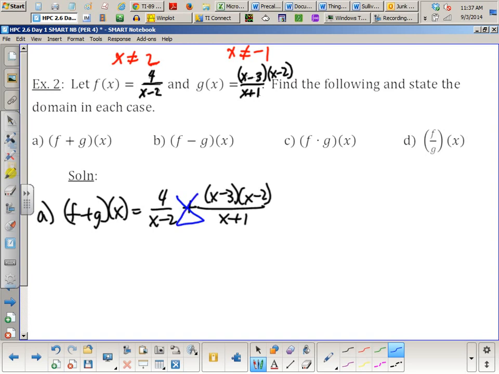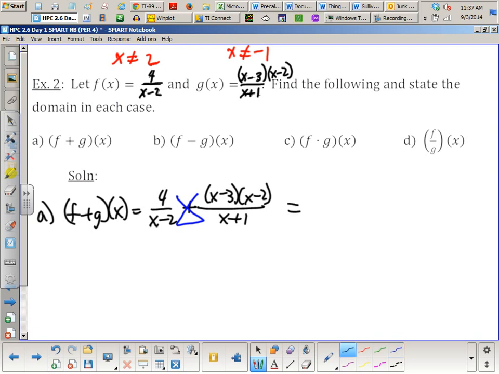Draw that. What it means is you're going to multiply the 4 with the x plus 1. You're going to multiply the x minus 2 with this chunk. Those will form your numerator. There'll be a plus in the middle. And then the denominator is the product of these two. So this slash means multiply these, this slash means multiply these, and this line means multiply the bottom two. So it looks like this.